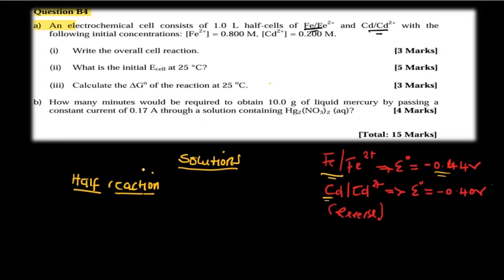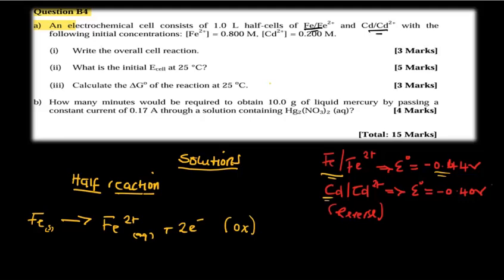So the oxidation reaction for iron will be iron solid producing iron 2 plus aqueous plus 2 electrons. Always, if it's an oxidation reaction, the electrons are added to the right hand side of that half reaction.